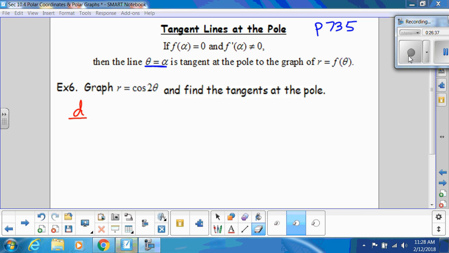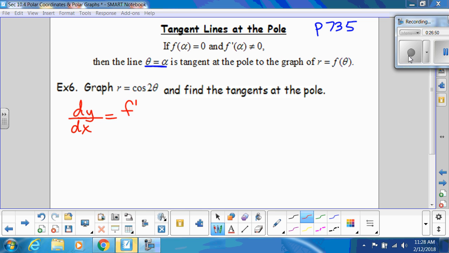So remember our dy dx. I'm going to write it in a different order, putting the f primes first. So f prime of theta, but this time I'm going to replace it with alpha because we're talking specifically about these angles where we're at the pole. The numerator would be f prime alpha sine alpha plus f alpha cosine of alpha.